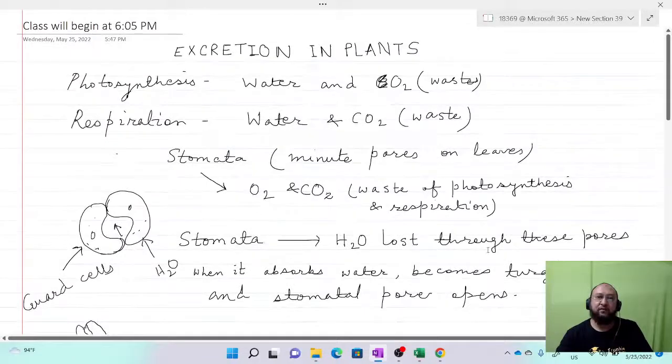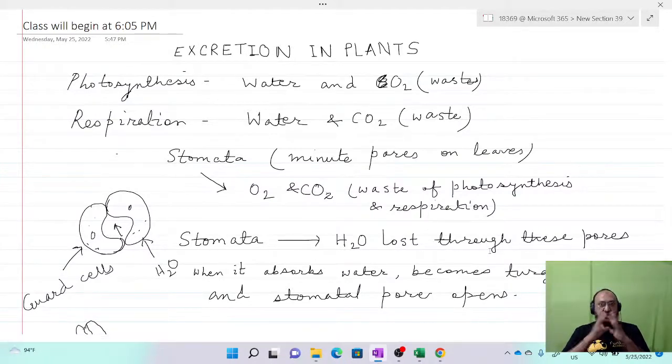Now I'll just recap. Excretion is very simple in plant body. Excretion means the elimination or getting rid of waste, metabolic waste, from the body. Like in an industry, in a factory, when something is being manufactured, there will be some kind of waste along with that. So that is discarded, removed, eliminated.